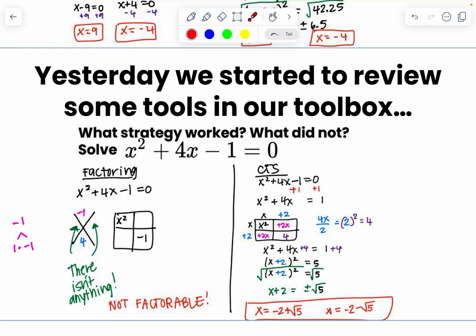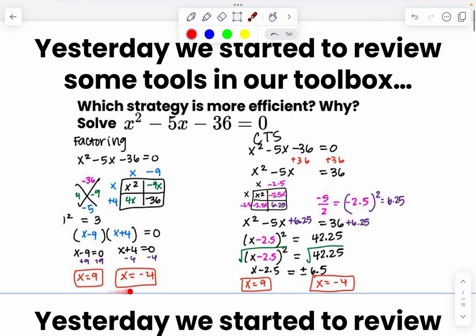So this was an instance where factoring does not work, but completing the square does, right? Completing the square totally worked. We just got a square root in our answer, which means it's just a decimal, right? But one thing I want you to think about is when you get whole numbers for factoring or even whole numbers for completing the square, that means you can do it either way, right?